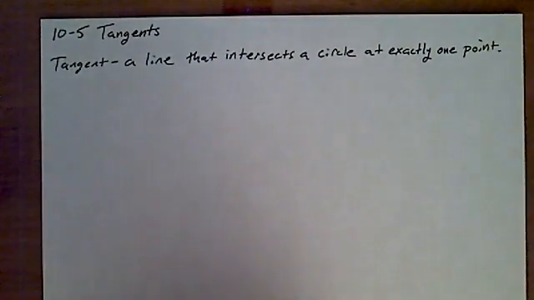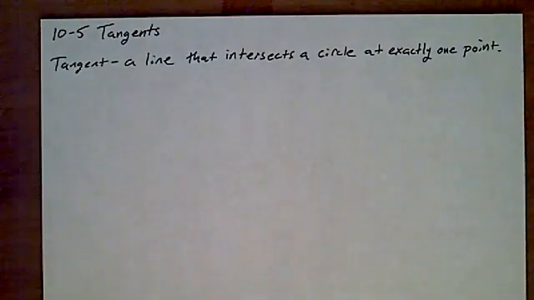All right. I left one part out of the definition here because it doesn't really apply to what we work with, and that is the line and the circle have to be in the same plane. But everyone that we're going to work on is going to do that, so we don't need to write that part.